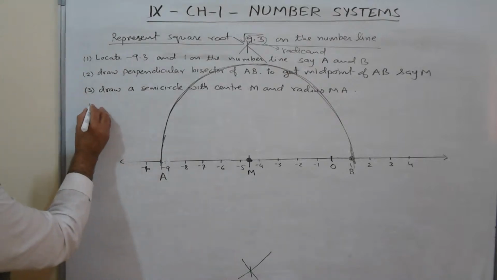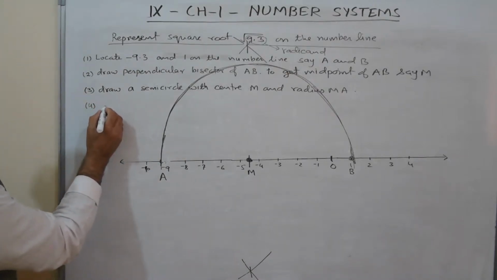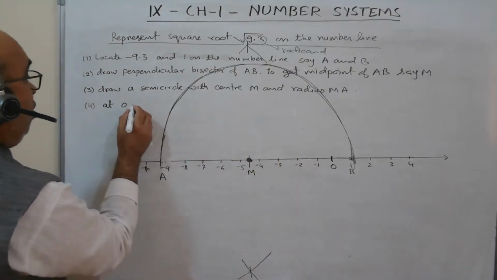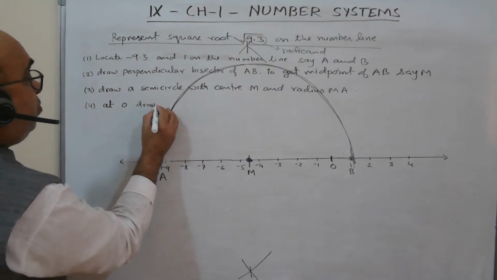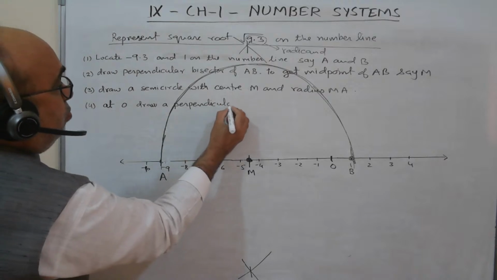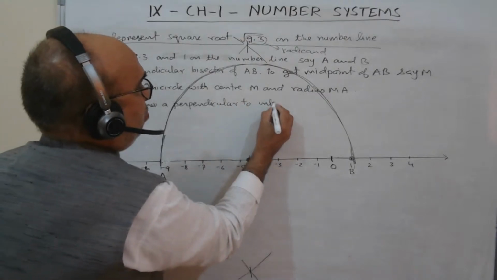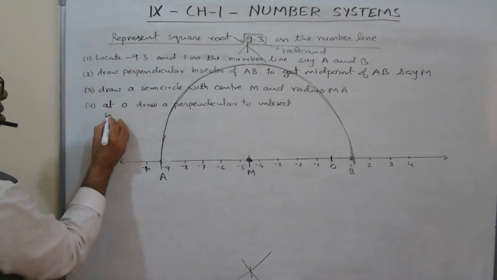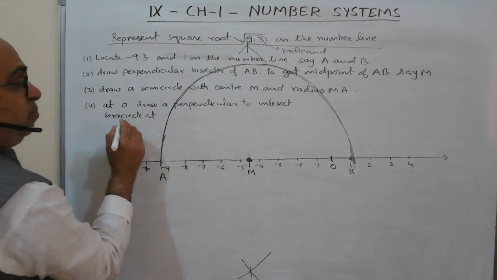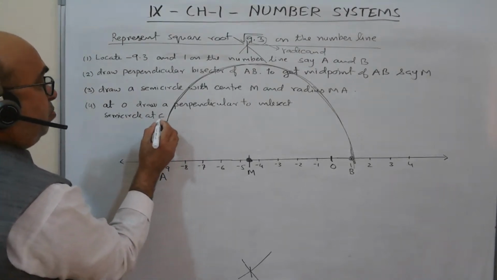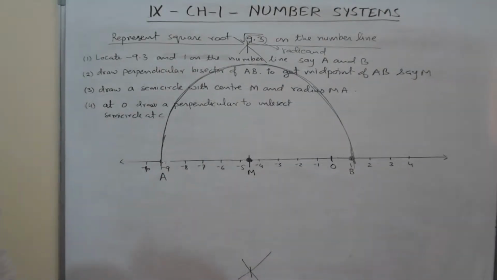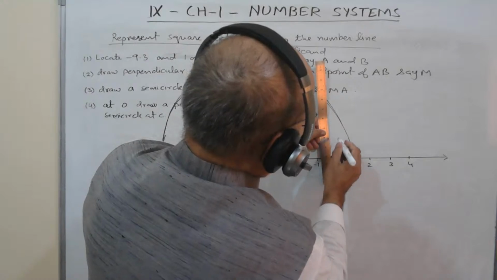Now next step, fourth. At B, at 0, this is 0, draw a perpendicular to intersect the semicircle at C. So this is the perpendicular.